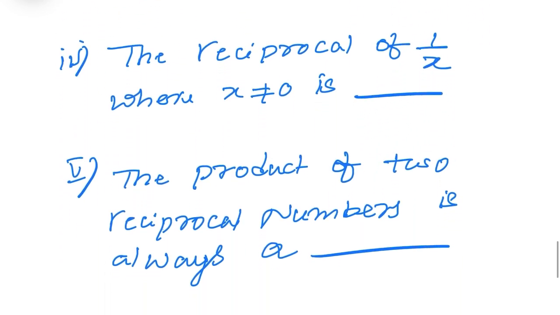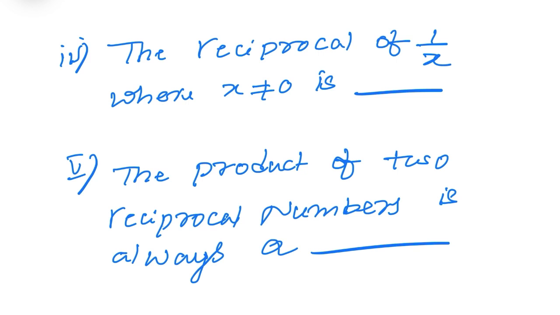Next question you see, fourth bit. The reciprocal of 1 by x, where x is not equal to 0, is x. If you want to know how, let us do a little bit of rough work. Reciprocal means 1 by the given number. That is equal to 1 into x by 1, that is equal to x by 1, that is equal to x.